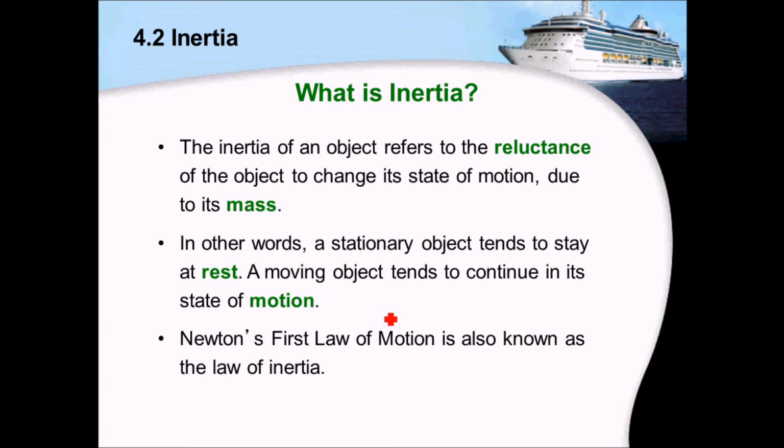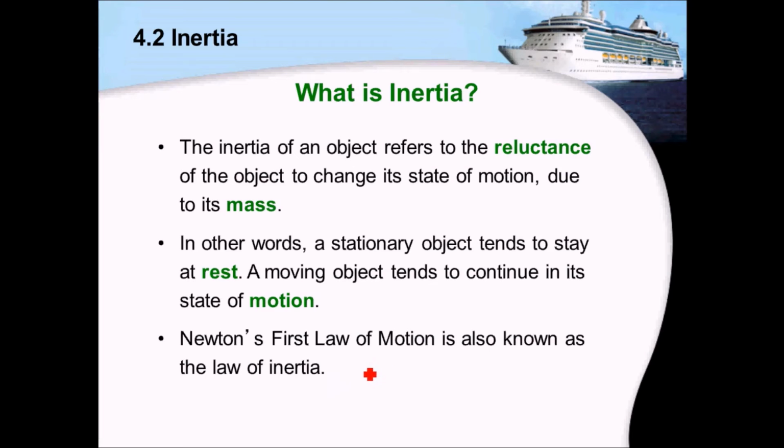Newton's first law is also known as the law of inertia. They are actually the same thing, because Newton's first law states that an object will stay at rest or in a state of motion unless a resultant force acts on it. In the same way, the law of inertia says the object wants to stay at rest or wants to stay in a state of motion.